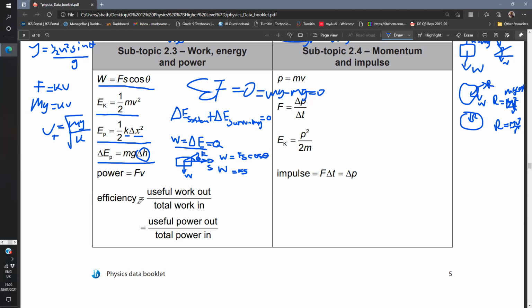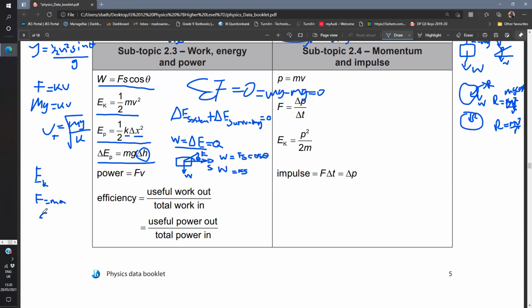Now what we want to do is derive the formula for Ek. How do we find E kinetic? We can derive this from Newton's second law of motion, F is equal to ma.